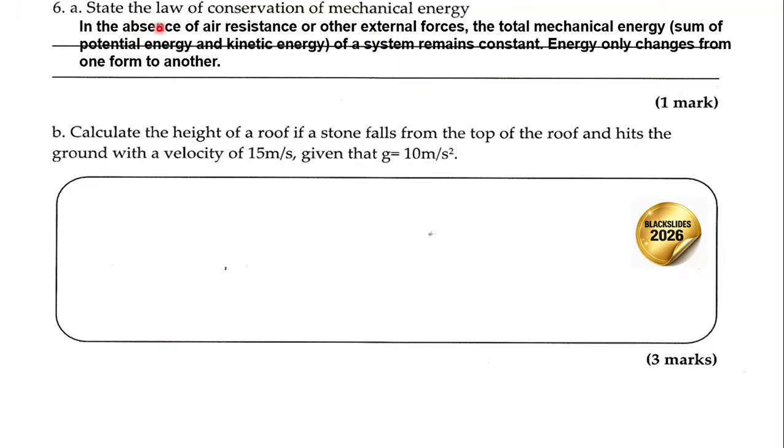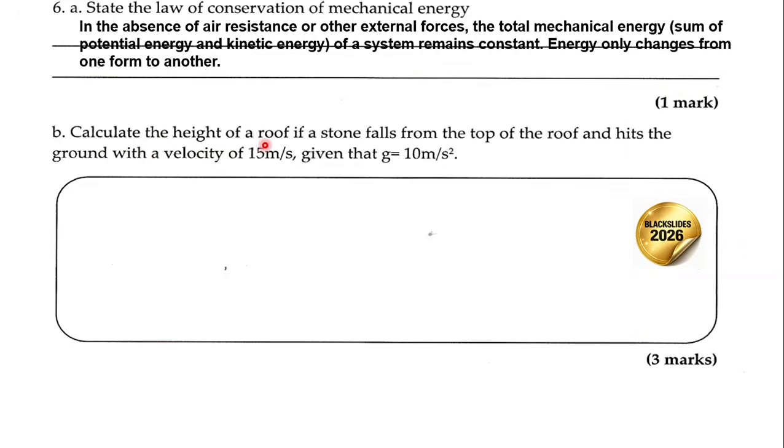So in the absence of air resistance or other external forces, the total mechanical energy, which is the sum of potential energy and kinetic energy of a system, remains constant, which means energy can only be transferred or changed from one form to another. It is neither destroyed nor created. That's called the law of energy conservation.